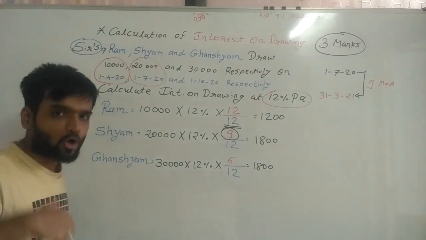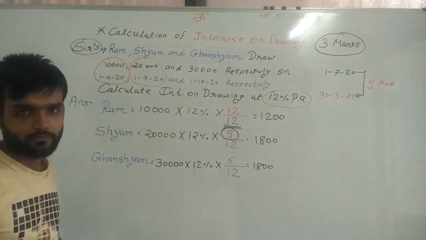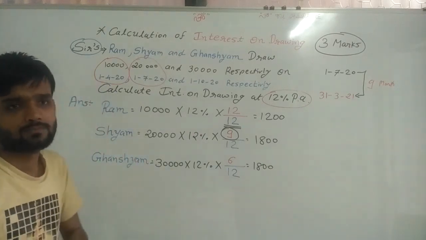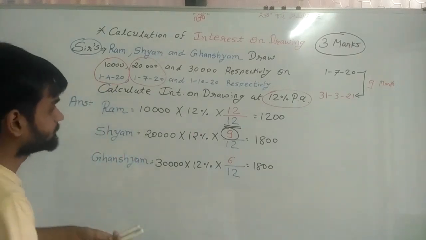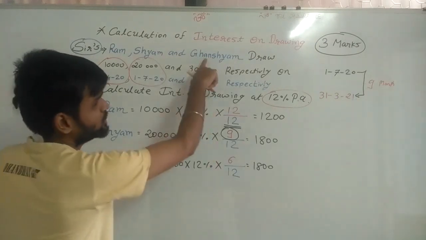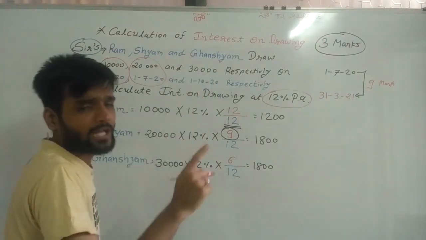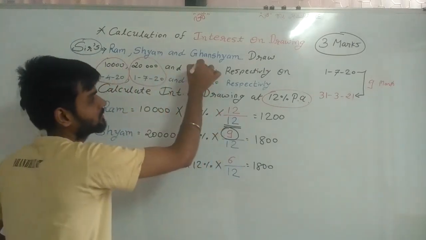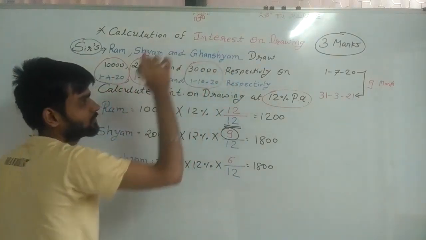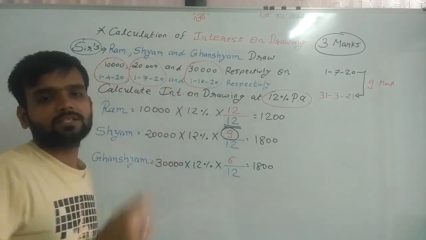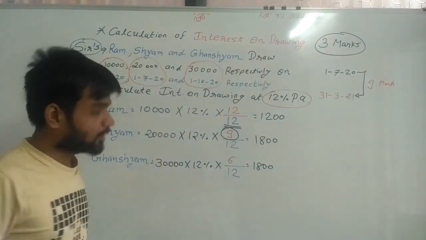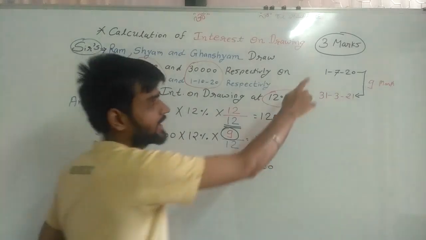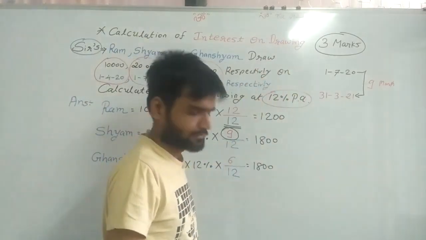Now, for the third partner also, we need to calculate interest on drawing. So the third partner, Ghanshyam, had withdrawn 30,000 rupees on 1/10/20. Now from 1/10/20 up to year end, again we need to calculate here.